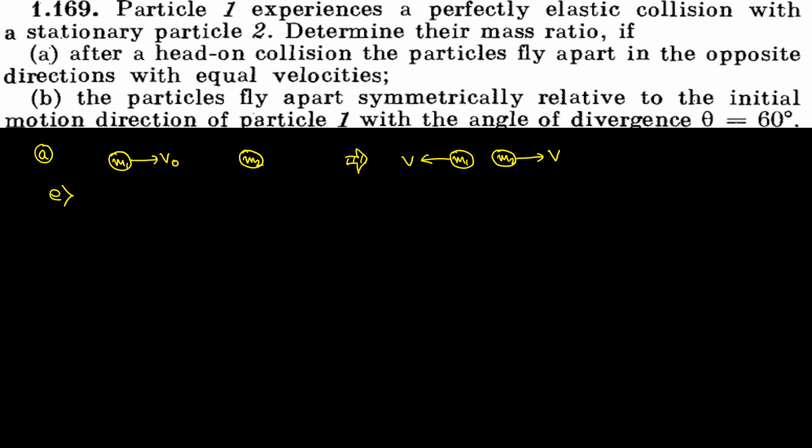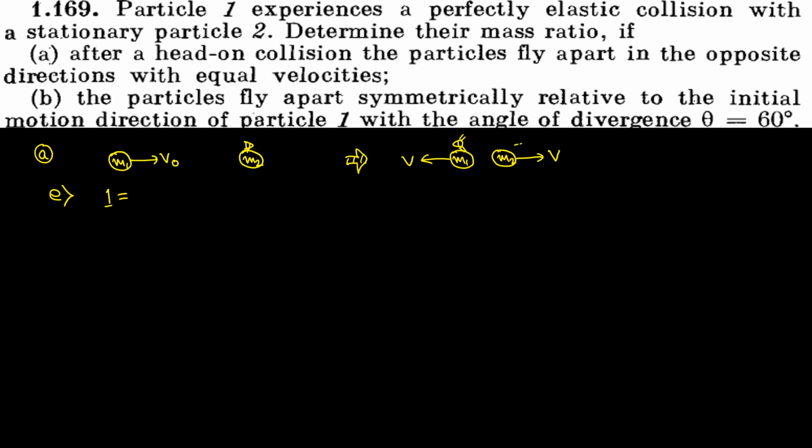For velocity of approach, let's take this observer, and for velocity of separation you have to change the observer. For an elastic collision, the coefficient of restitution is always 1. For velocity of separation, I have to reverse this velocity out here, so v plus v is equal to 2v.